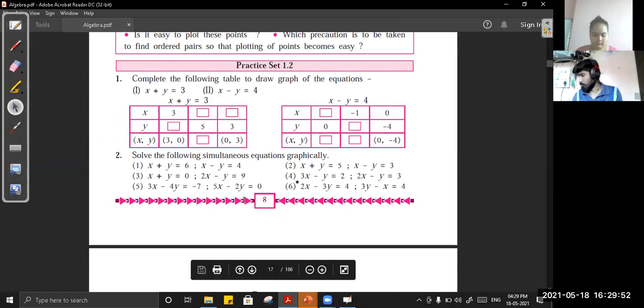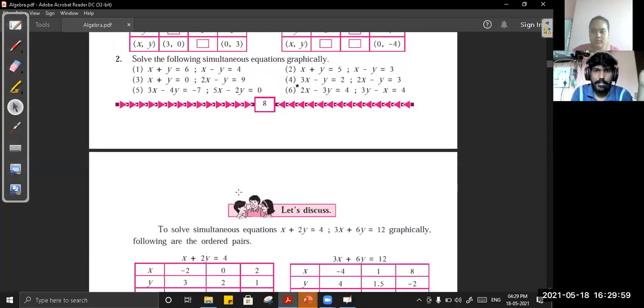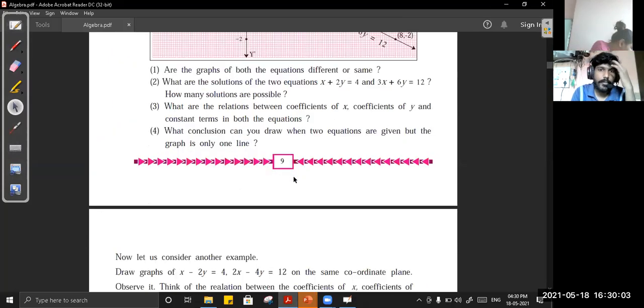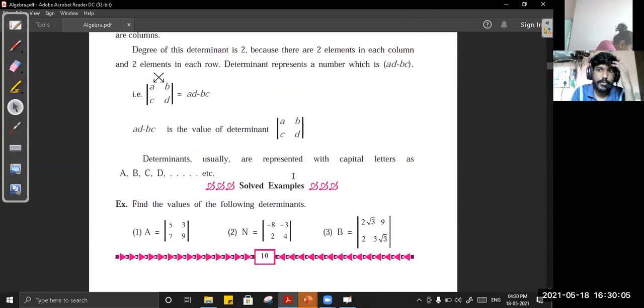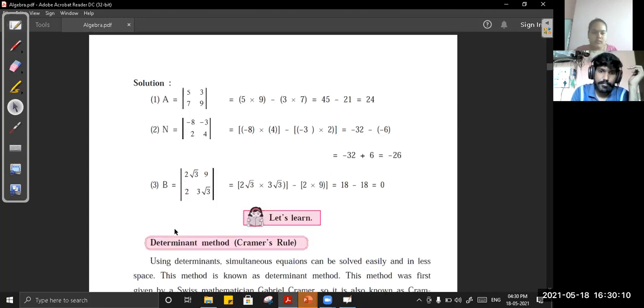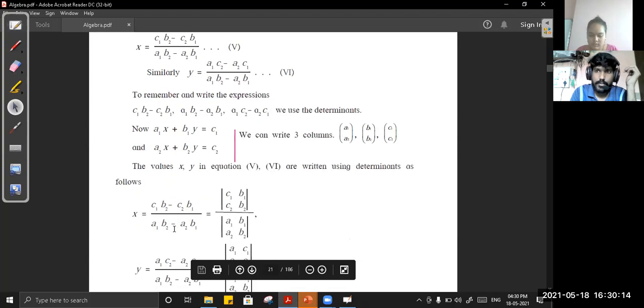So we finished all 6 sums of this exercise, practice set 1.2. We'll now move on to 1.3, which is done. So now we'll move on to 1.4. Before 1.4, there is one small activity, we'll do that first. Were there any activities in 1.3? I don't think so.